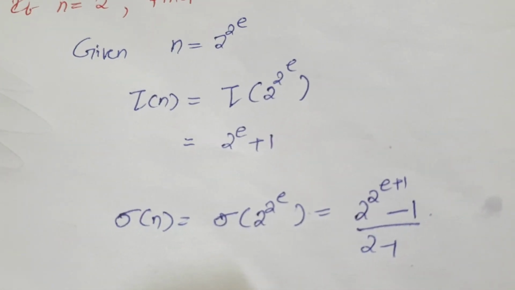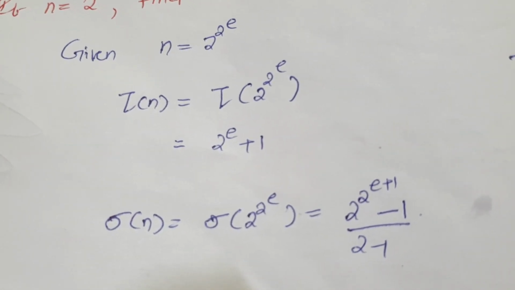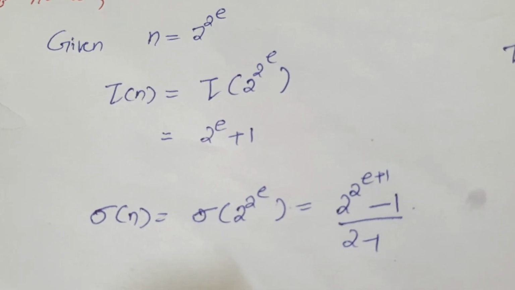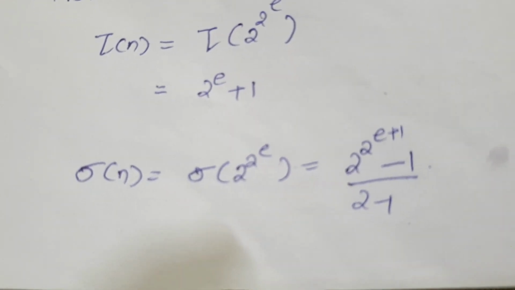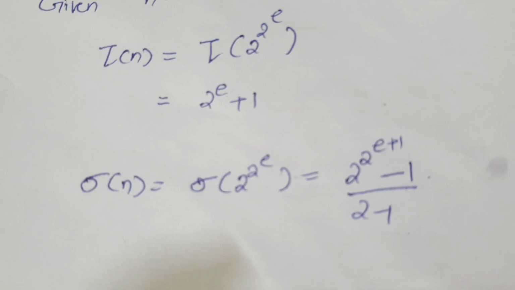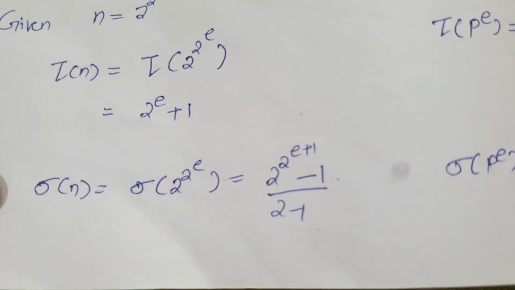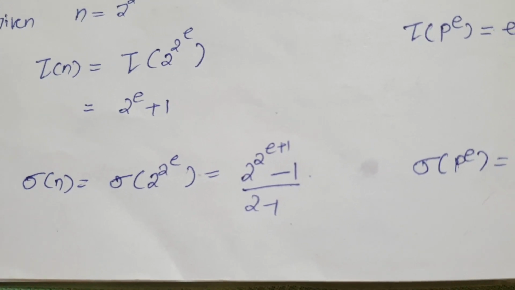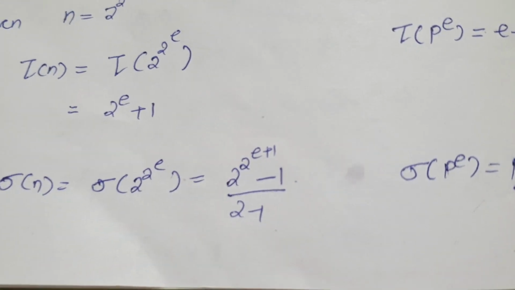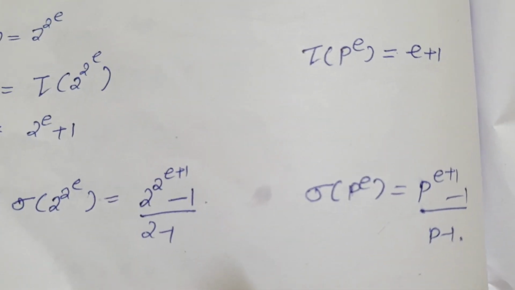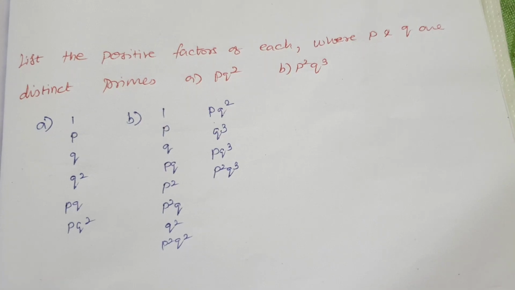Here the power is e. Therefore tau of n is equal to e plus 1. And sigma of n is nothing but sigma of 2 power e, which is equal to (2 power e plus 1 minus 1) divided by (2 minus 1), by using this formula.